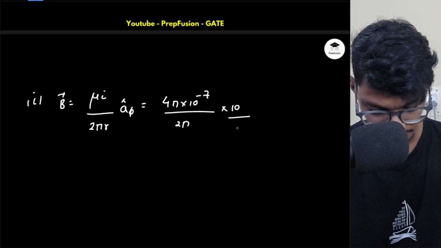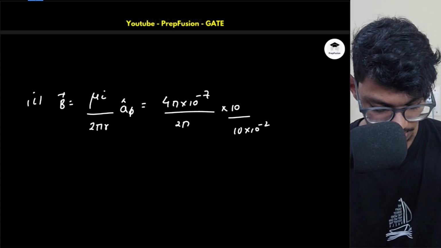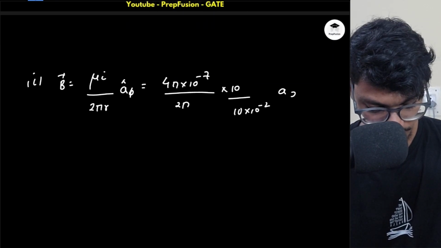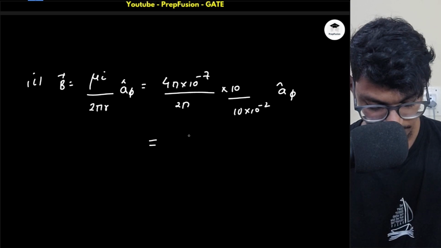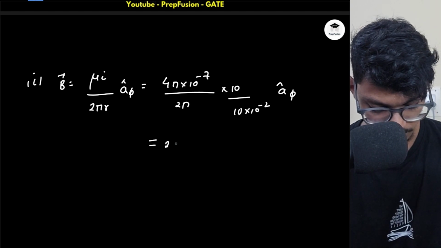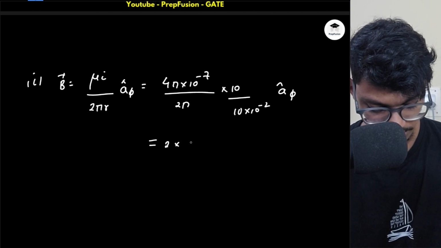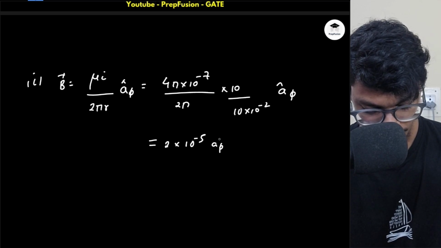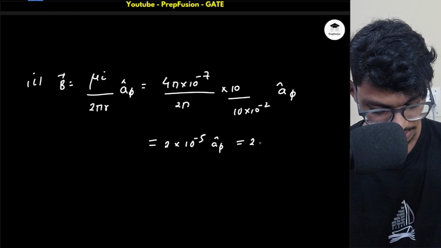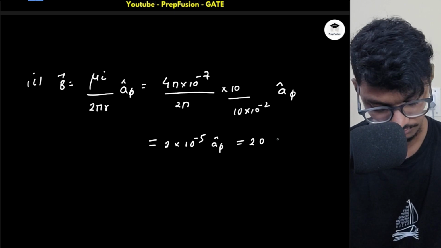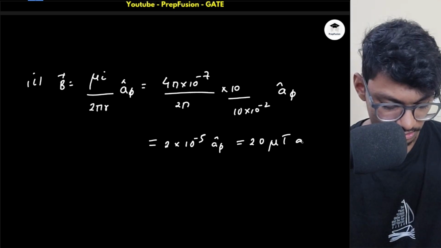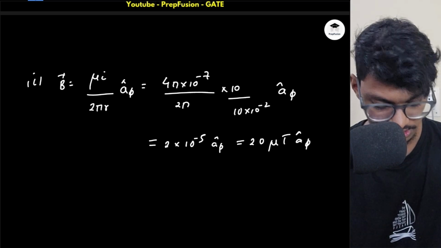Remember, this is in centimeters, so I have to write it in meters: 10 raised to power minus 2, and the rho cap will obviously be there. So this comes out to be 10 raised to power minus 5 times 2, which I can write as 20 micro Tesla. So this will be the answer, 20 micro Tesla along the direction rho cap.